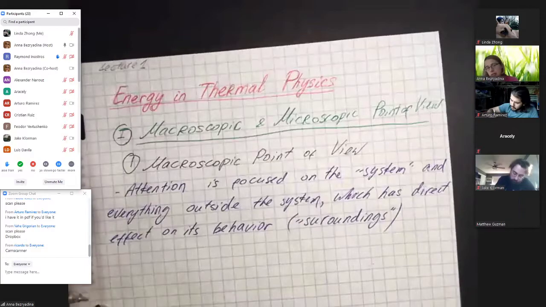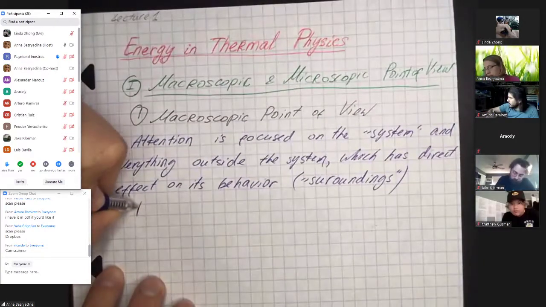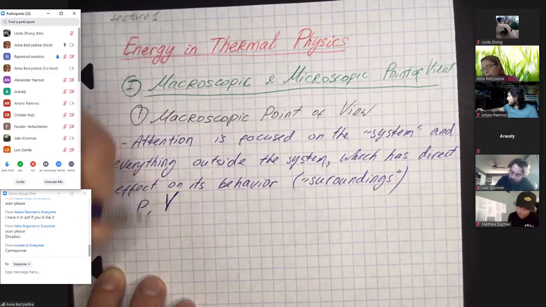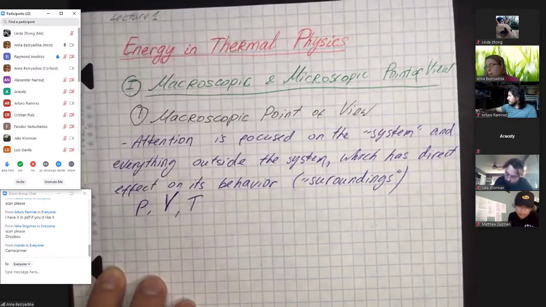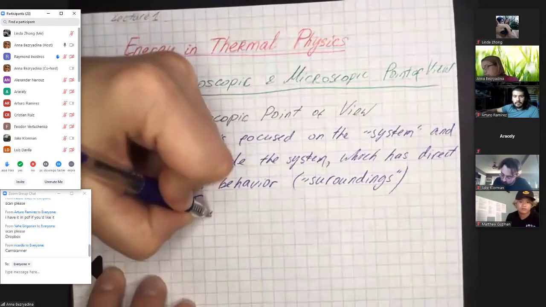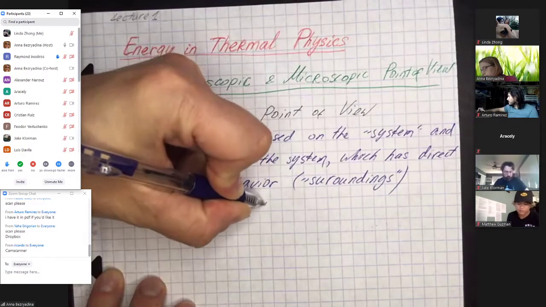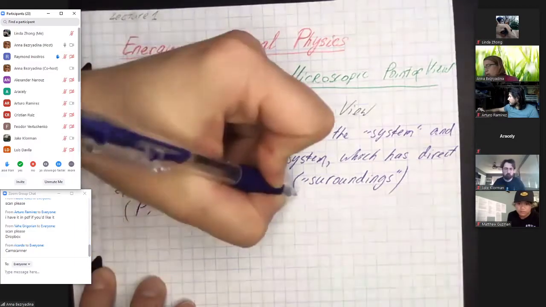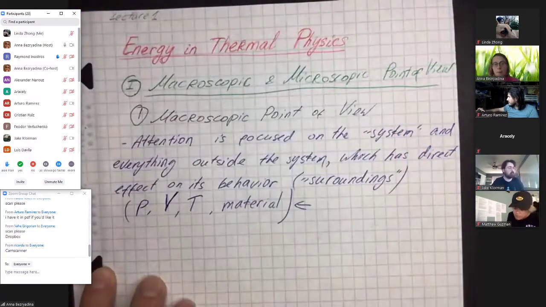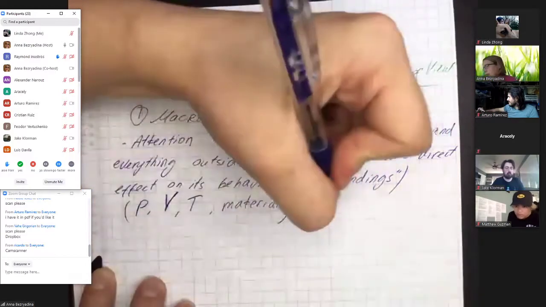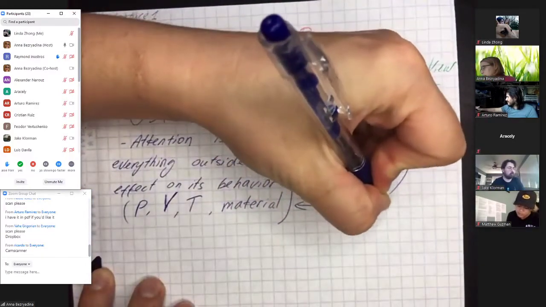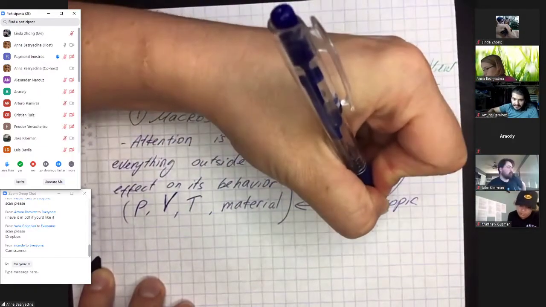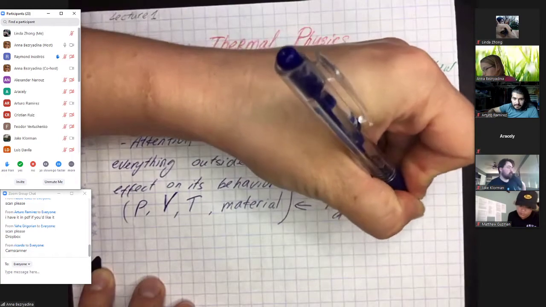Examples of it are pressure, velocity, volume, temperature. These are all macroscopic variables. These are all the macroscopic description.